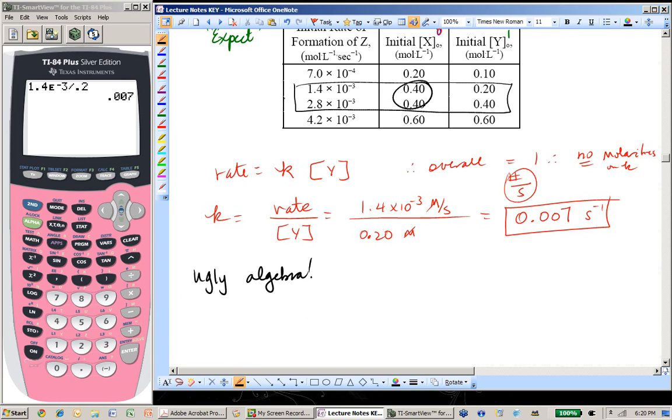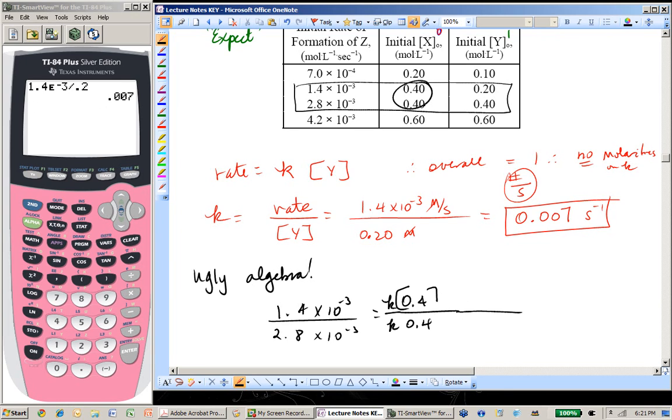So I'm going to do 2 over 3. 1.4 times 10 to the minus 3 over 2.8 times 10 to the minus 3 equals 0.4 over 0.4, okay, and k. The k's will cancel because constant's constant.